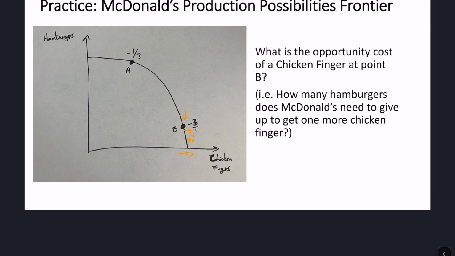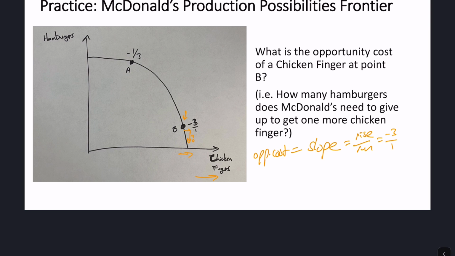Okay. So the trick is, when we have a question like this where we want to know the opportunity cost of the X good, so the opportunity cost of the chicken finger, then the opportunity cost is just equal to the slope. In my mind, this is a relatively easy one on this graph because you can read off the slope, where slope equals rise over run. The rise over run here is -3 over 1, right?